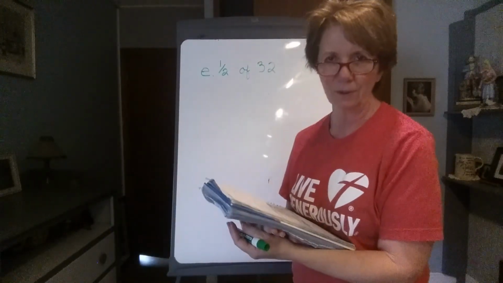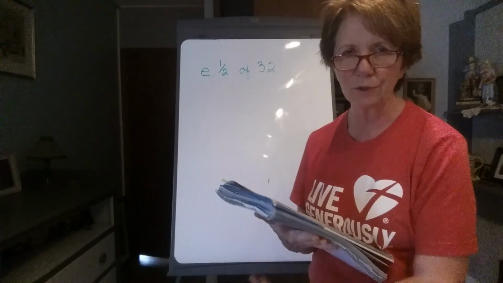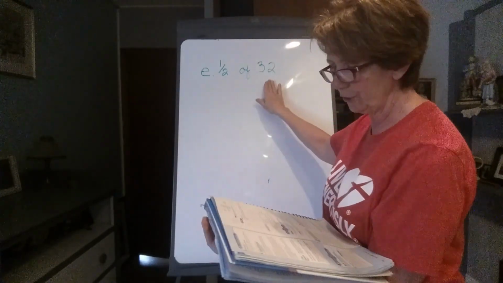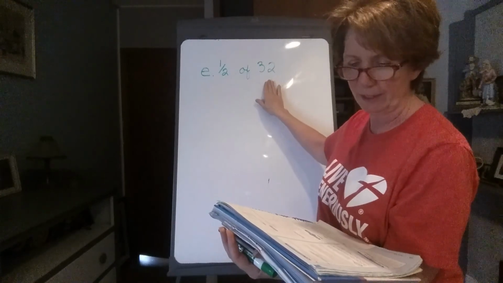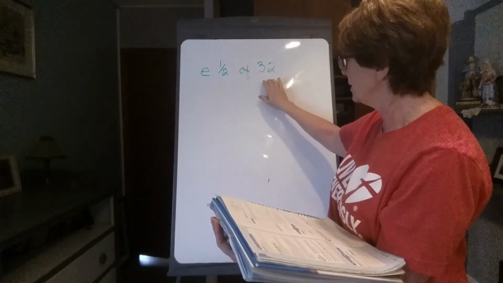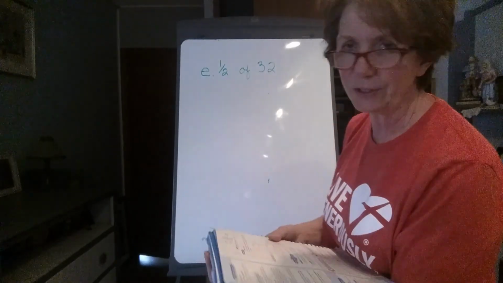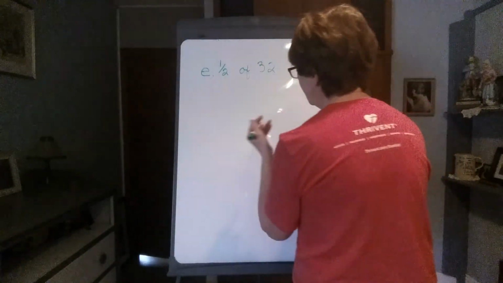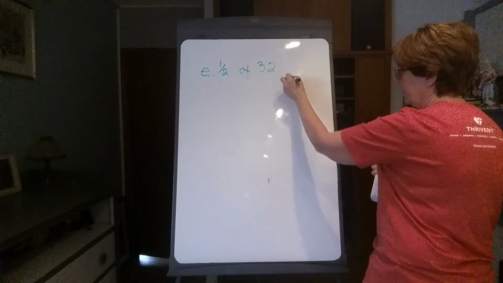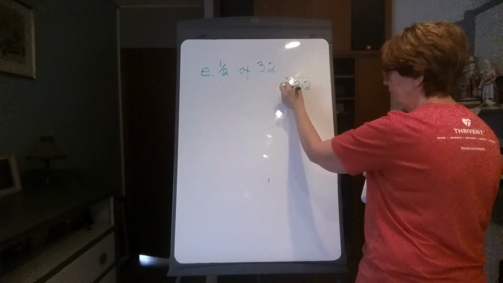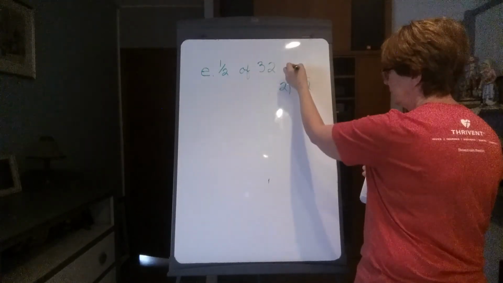Okay, so now we are on to 2 story problems. E says 1/2 of 32 children were boys. How many boys were there? So we're just basically going to divide 32 by 2. All right, so over here, you do this on a separate piece of paper. 2 goes into 3.